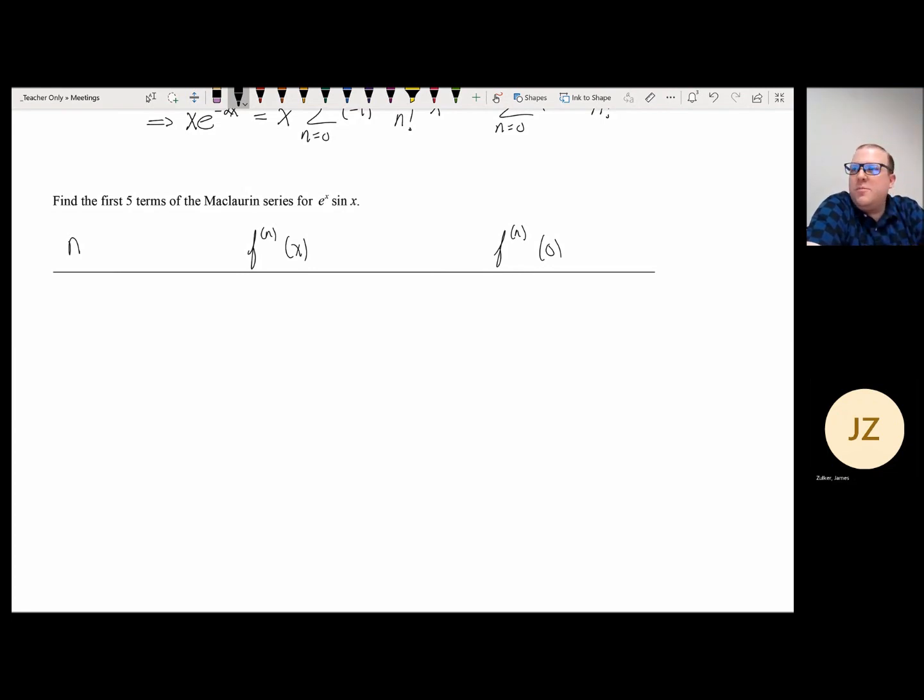Since we want the first 5 terms, we're going to want n equaling 0, 1, 2, 3, and 4. Start with 0. The 0th derivative of a function is just the function itself. If I evaluate at 0, that's just 0.